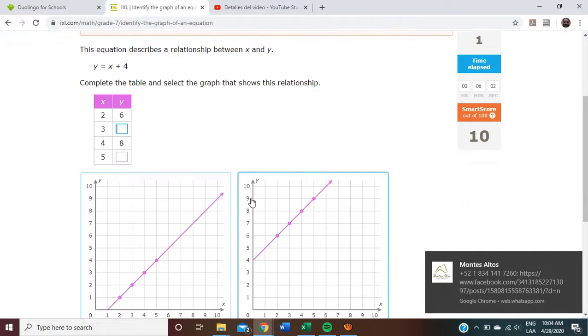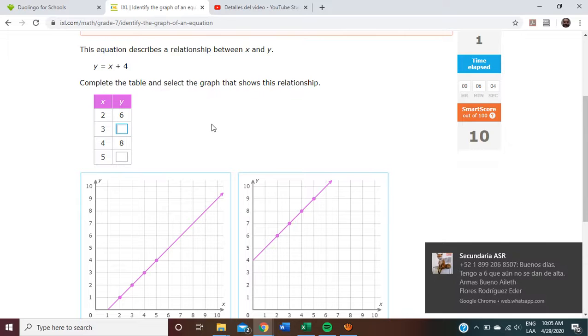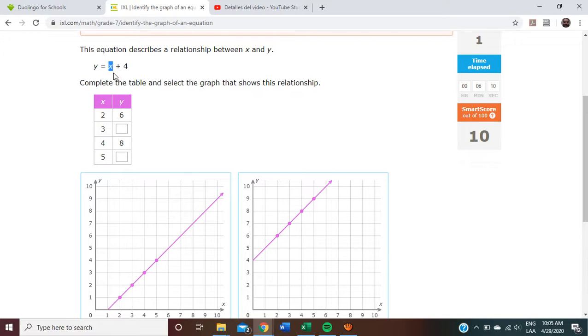Let's do this other one a little bit faster. So remember, when x equals 2, we say 2 plus 4 equals 6.